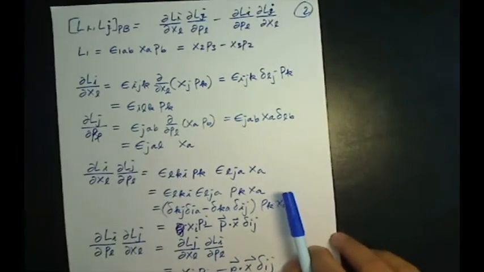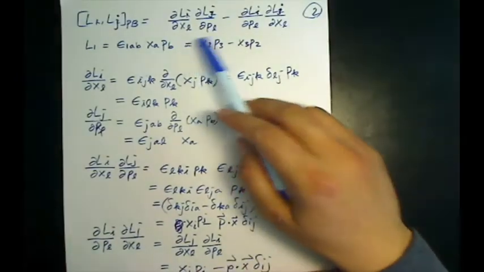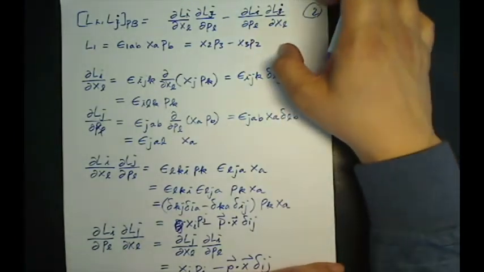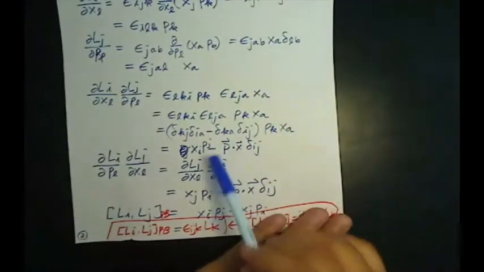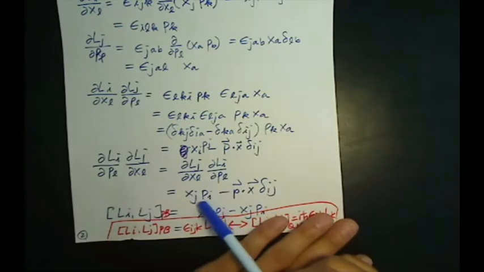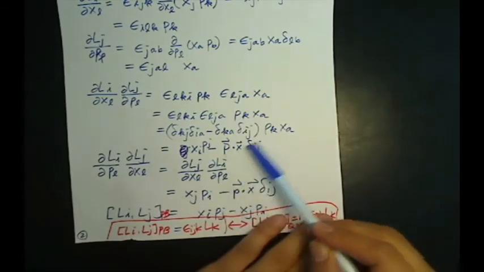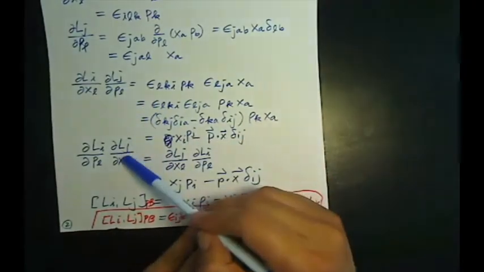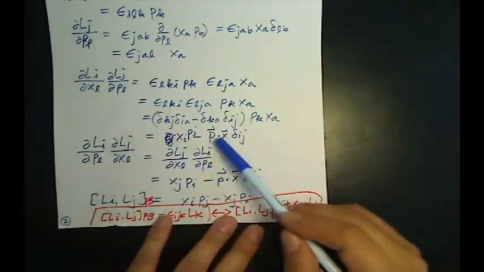The next term is the same except that I and J are replaced. So if I exchange I and J, they are symmetric. If I subtract this one minus this, we find this one cancels.